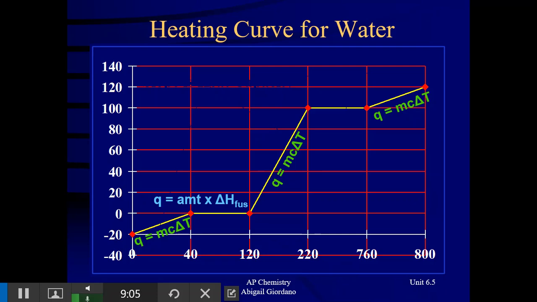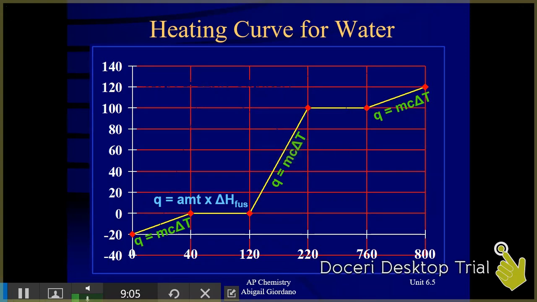Now, why do I have this vague term amount? I mean, what is that? Well, guys, it depends. If your heat of fusion is given to you, let's say in joules per gram, those are the units for the heat of fusion, then what should you plug in that placeholder of amount?